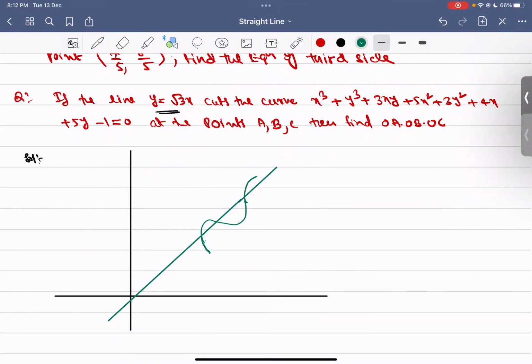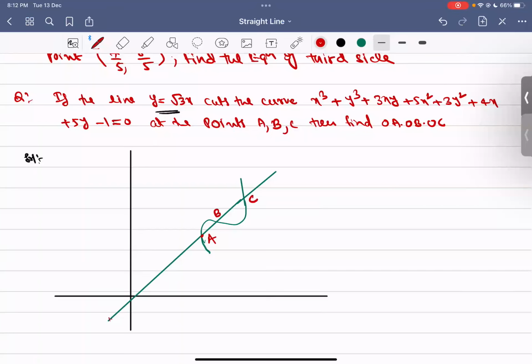Suppose this is the rough diagram. This line intersects the curve at these three points A, B, and C.